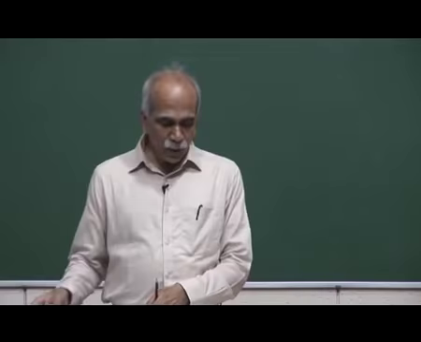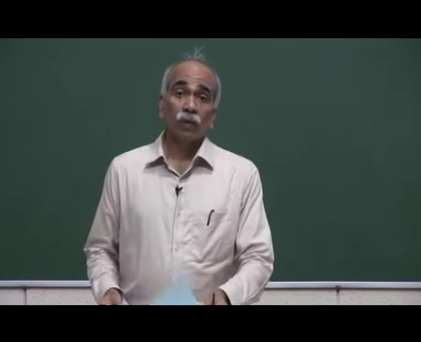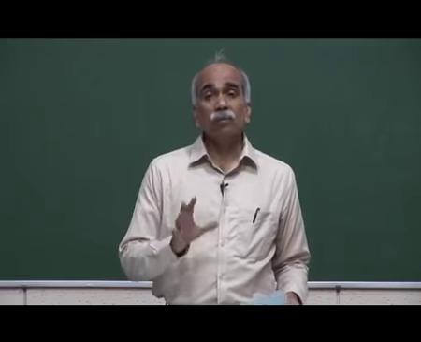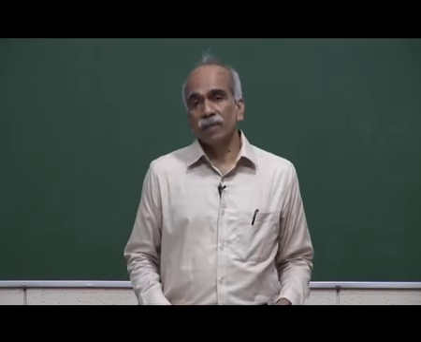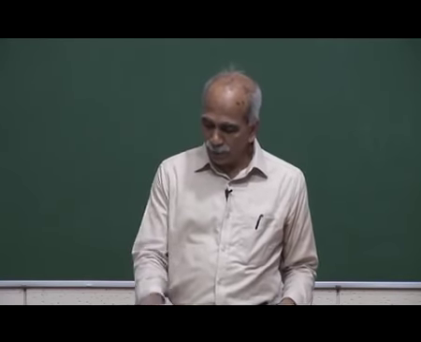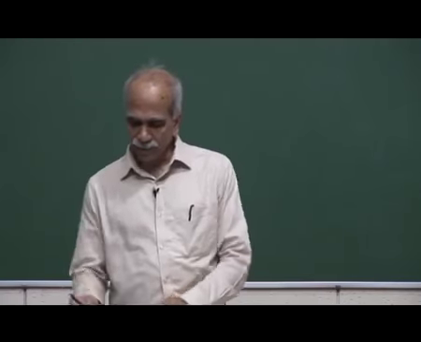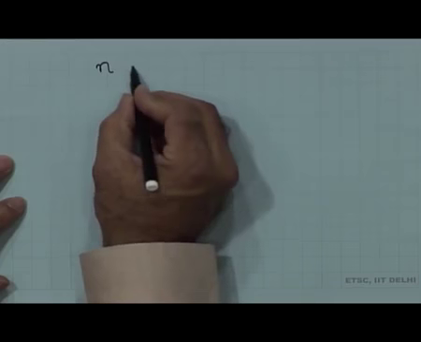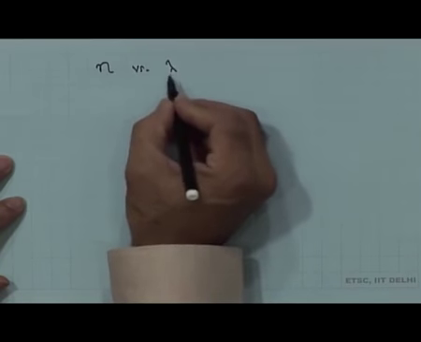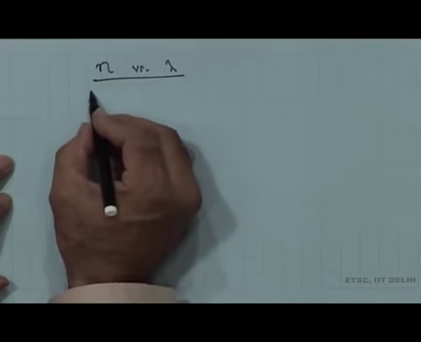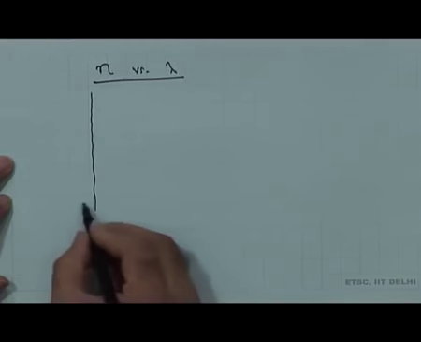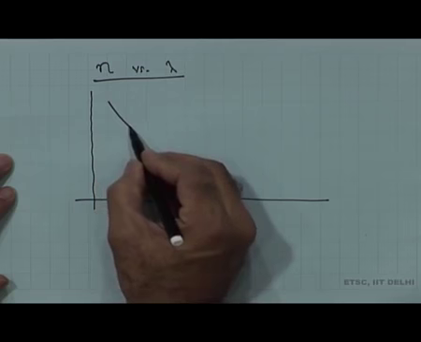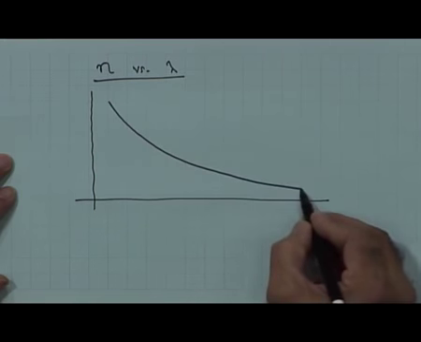Now, the variation of refractive index of a material follows approximately a 1 by lambda square dependence. If I plot n versus lambda, then for most materials the refractive index varies like this, continuously dropping down.